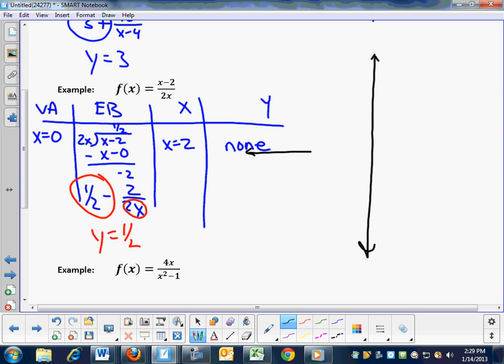Draw my graph. I have a vertical asymptote of x equals 0. That's going to be right along the y-axis. The end behavior is 1/2.